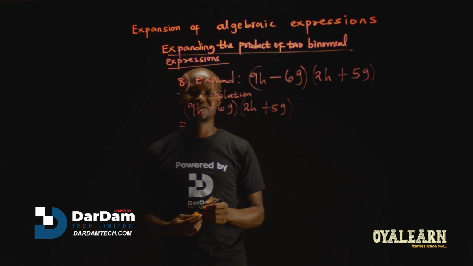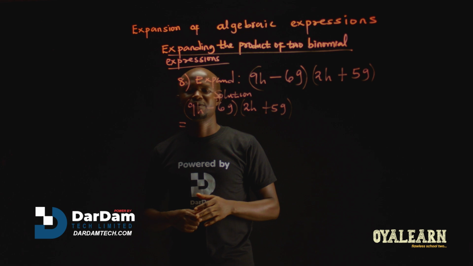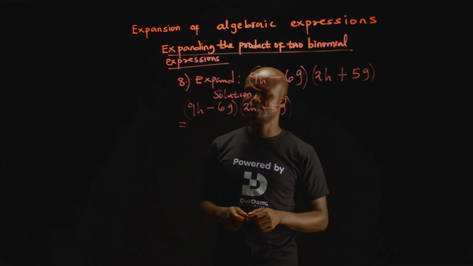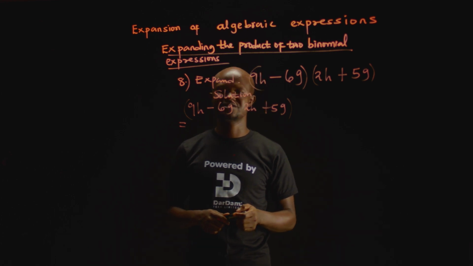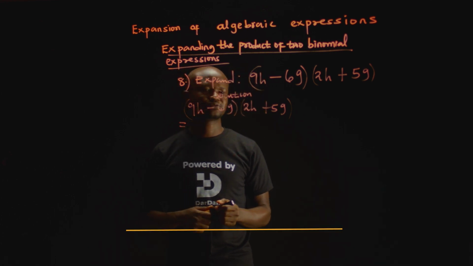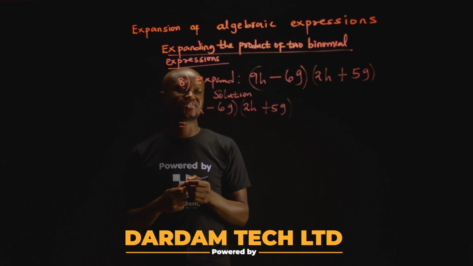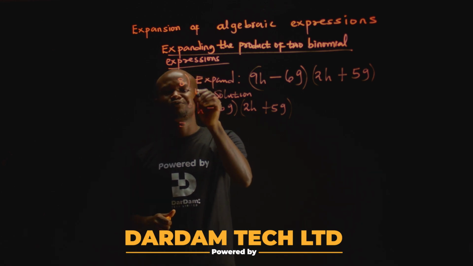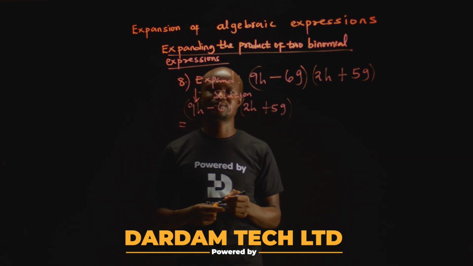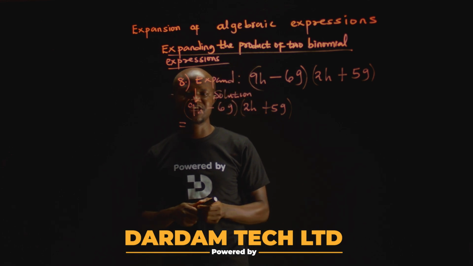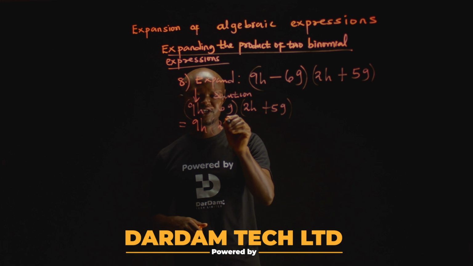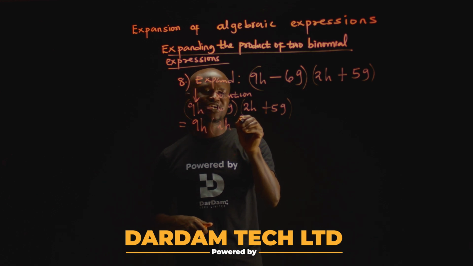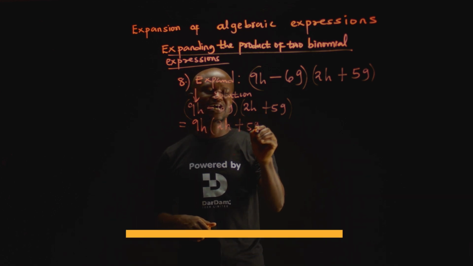Now the first thing is this. The first binomial expression is 9h minus 6g. To perform this expansion, we use the first term in the first binomial expression, which is 9h, to multiply the whole of the second binomial expression, which is 2h plus 5g.